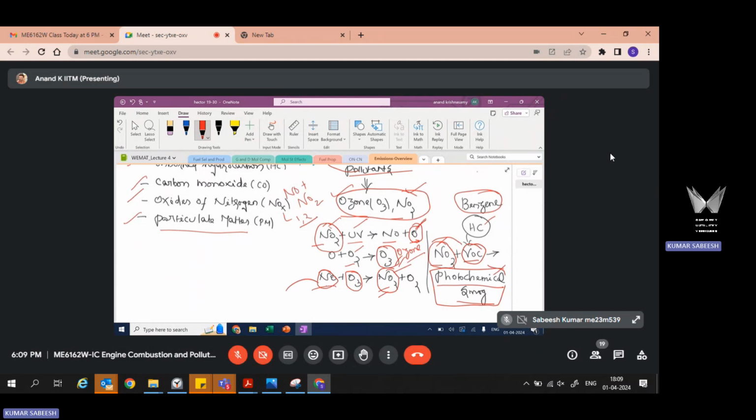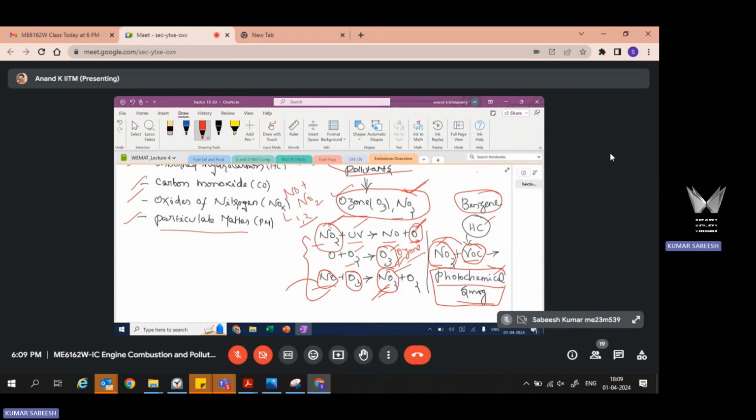Once NO2 levels are increasing in the surrounding ambience, NO2 is getting formed again, and this NO2 leads to forming ozone. So NO2 and ozone levels in the ambient start to build up because of these chemical reactions happening around us in the atmosphere under ambient pressure and temperature conditions, not even high pressure and high temperature.